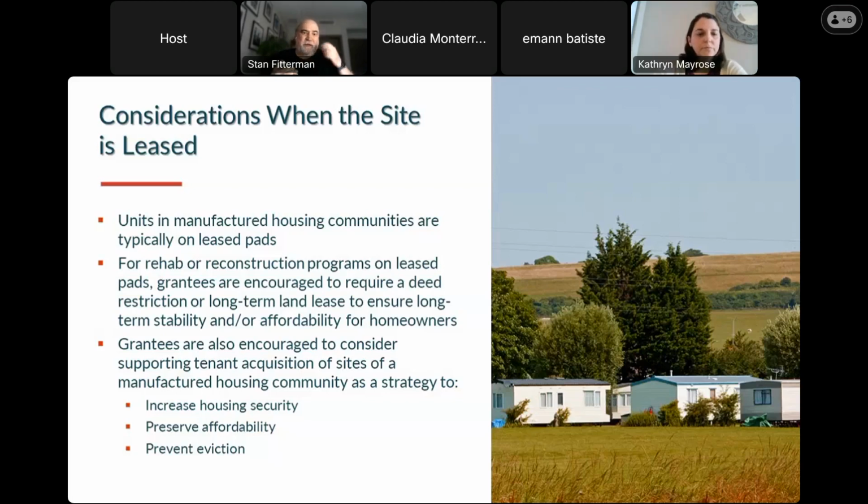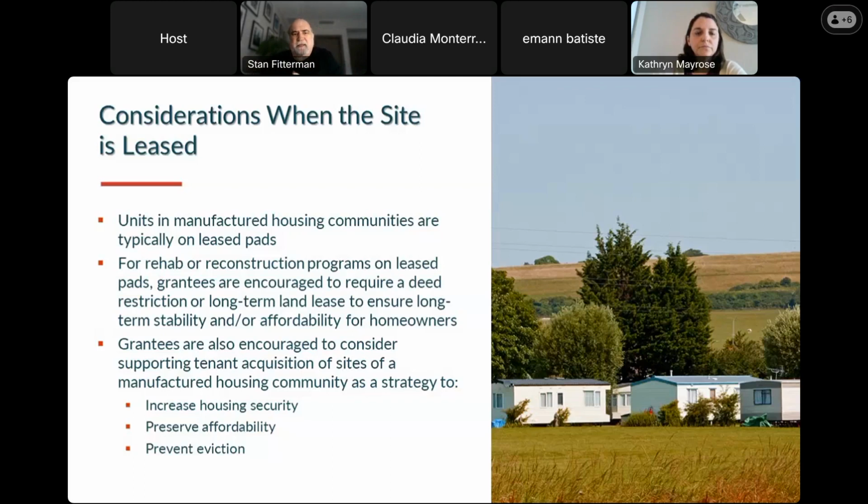As a result of that, we're encouraging folks who are going to work with getting new homes into manufactured housing communities to require a deed restriction or perhaps a long-term lease on the land to help ensure stability for the homeowner. We're also encouraging people to look into resident-owned communities.